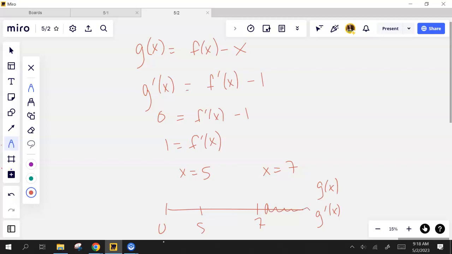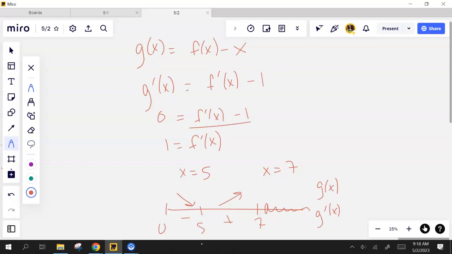So I don't need any of this. Negative, positive. Remember, I'm not looking at the derivative of f, I'm looking at the derivative of g, which is the derivative of f minus 1.